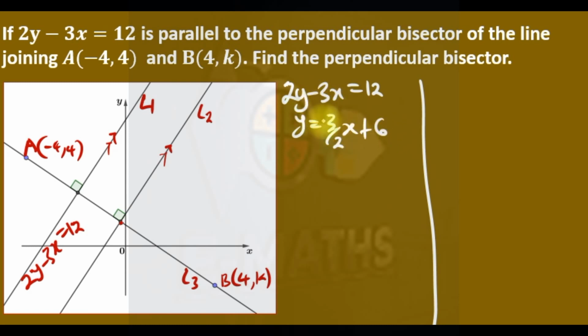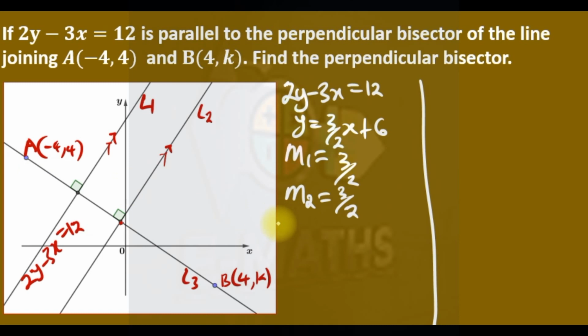Therefore, the slope of line 1, m1, is 3 over 2, and it's also equal to m2 because the two lines are parallel.